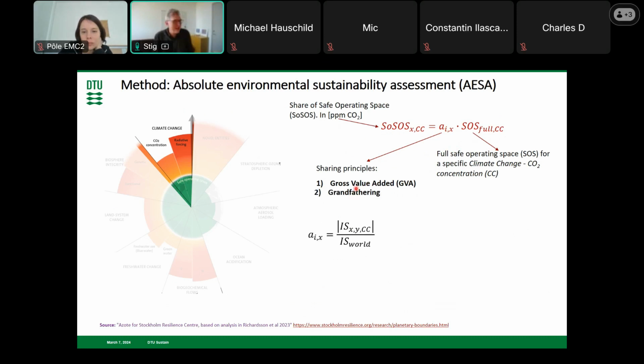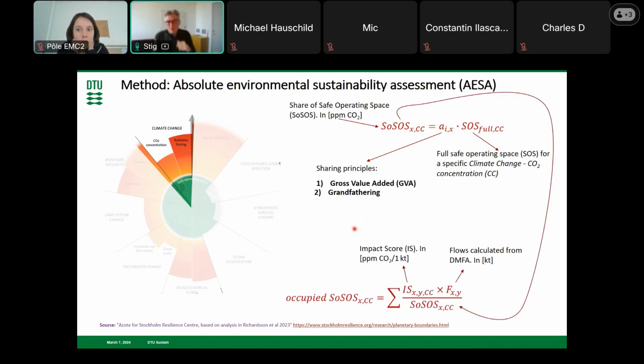The other principle used here is grandfathering, where the allocation share would be the impact of our propeller in a given year on climate change divided by the overall impact on climate change in the world in 2018. And this is calculated per kilogram, or per ton, of propeller.